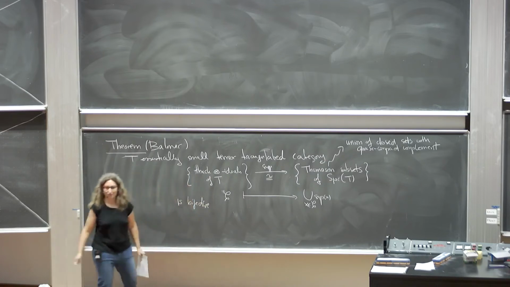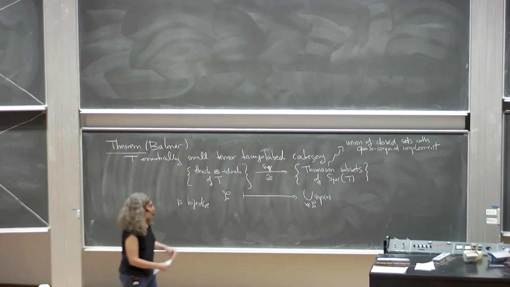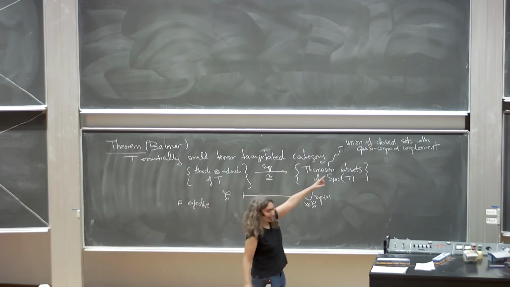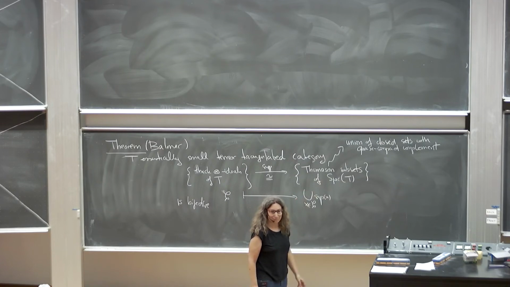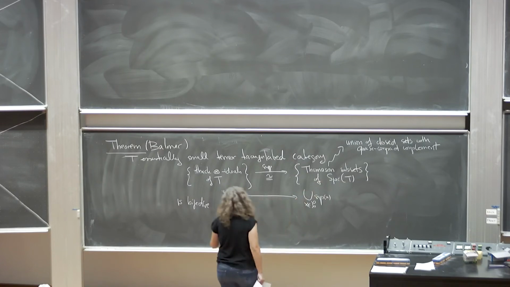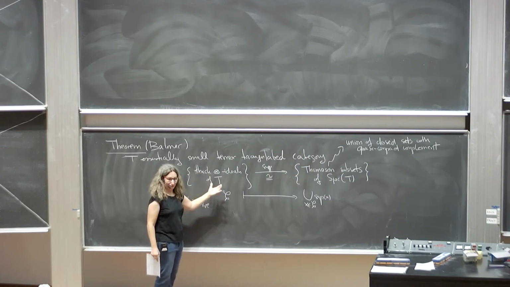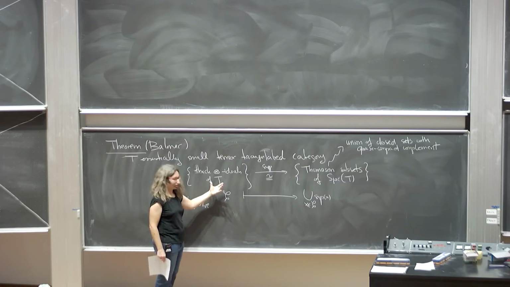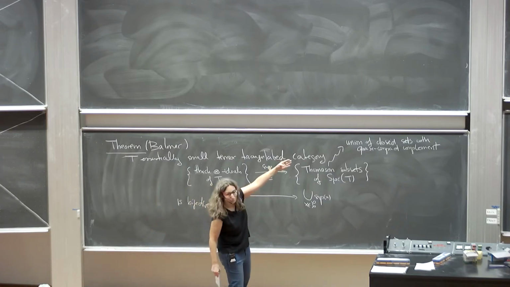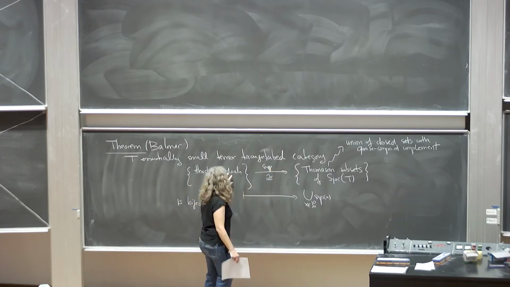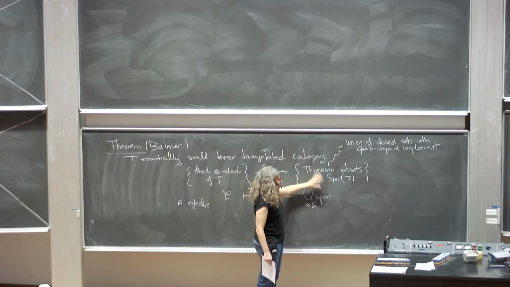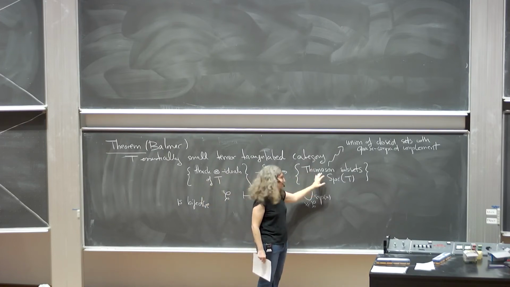So this is a classification statement, which feels like the two examples up there, right? So you can classify thick tensor ideals in a tensor-triangulated category. Let's take the examples from yesterday in terms of these Thomason subsets.